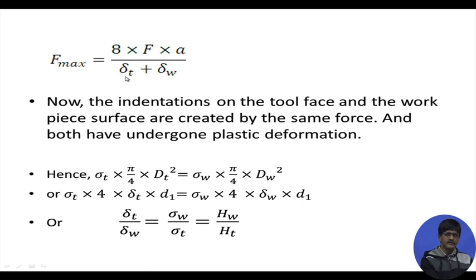Let us now try to derive a relation between the indentation on the tool surface and the indentation on the workpiece surface. How do we calculate them? Let us have a look.